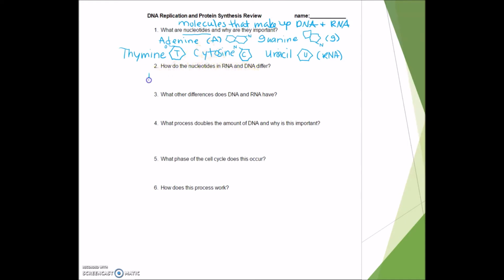Okay, so how do these nucleotides in RNA and DNA differ? Well, in RNA, the C's go with the G's, and the G's go with C's, and then the A's go with the U's on a strand of RNA. And then in DNA, the C's still go with G's, and the A's go with T's.